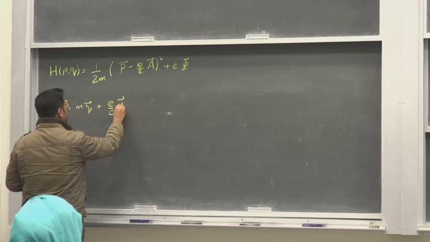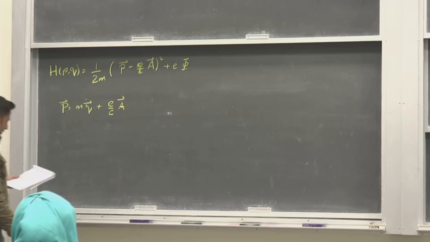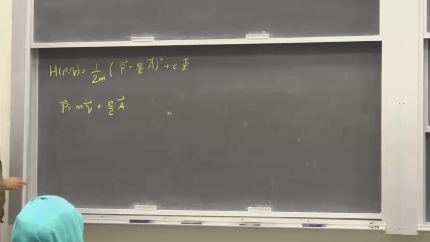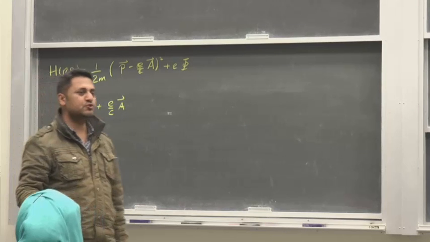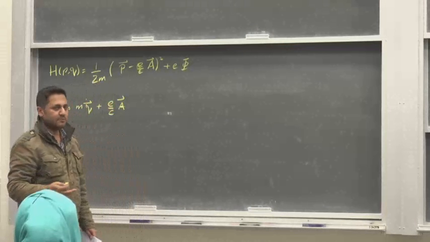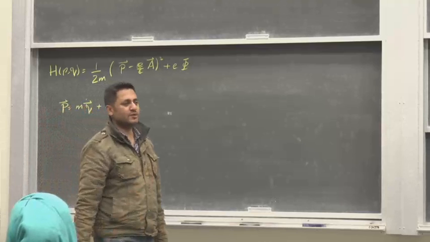It's related to the coordinates and the field in this way. So the physical momentum, the mechanical momentum, if you just take the speed and multiply it by the mass, what you usually call the momentum, that's not called canonical momentum, but it's useful if you want to ask what's the speed of a particle.